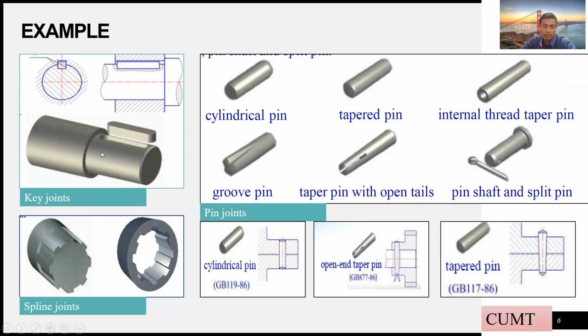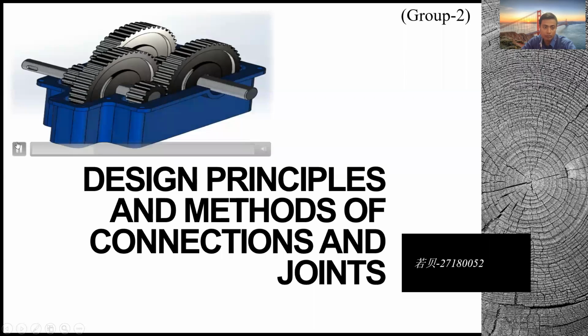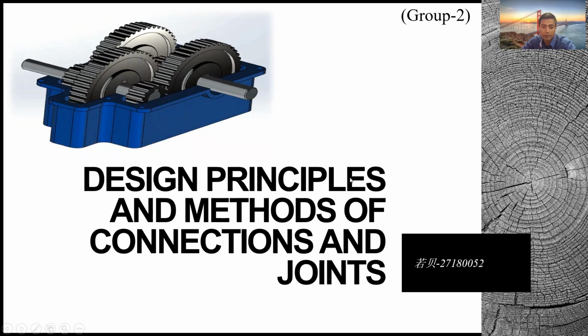This kind of key joint is used for circular devices or for the gear reducer. As we can see in this video, we have used keys here, and over here there are also key joints to connect them with the shaft.